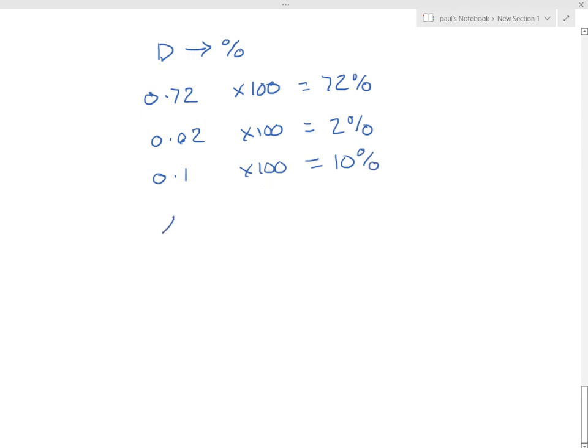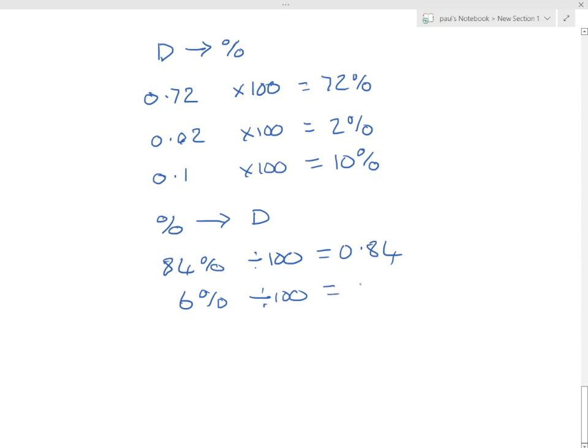So now we're going to go percentages to decimals. Okay, 84%. If we were multiplying to go that way, we're just going to divide by 100 to go this way, and that will be 0.84. 6% divide by 100 equals 0.06.